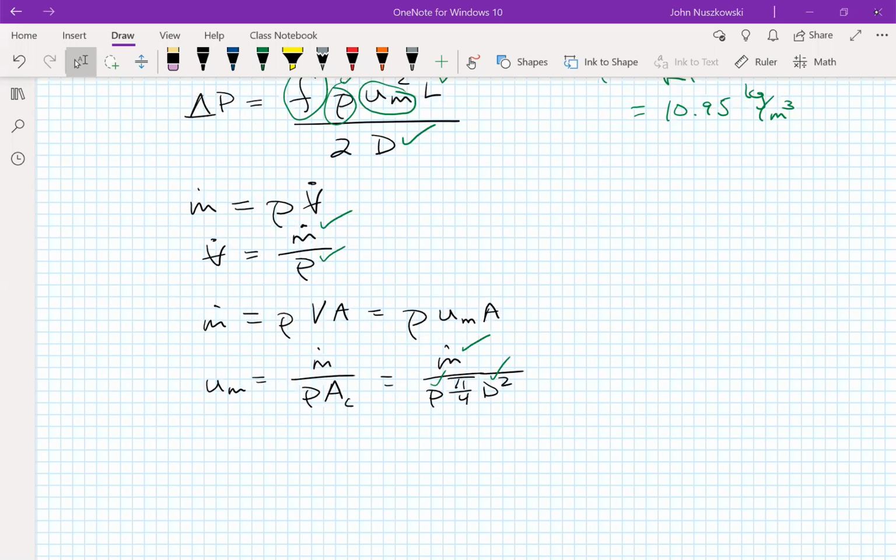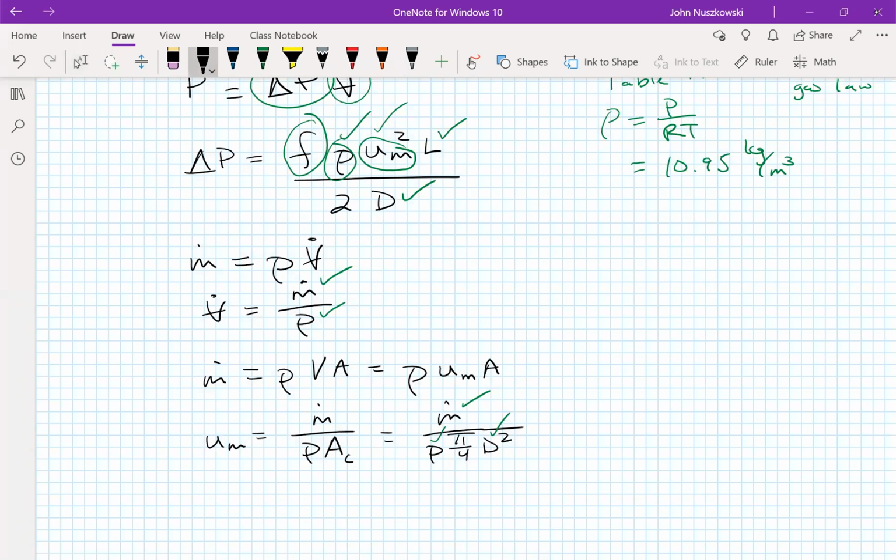So then last is our friction coefficient. So where do we get that from? Oh, I just 64 over the Reynolds number. Yeah, it was there. Okay. So we get to use the 64 over the Reynolds number because it is laminar, right?